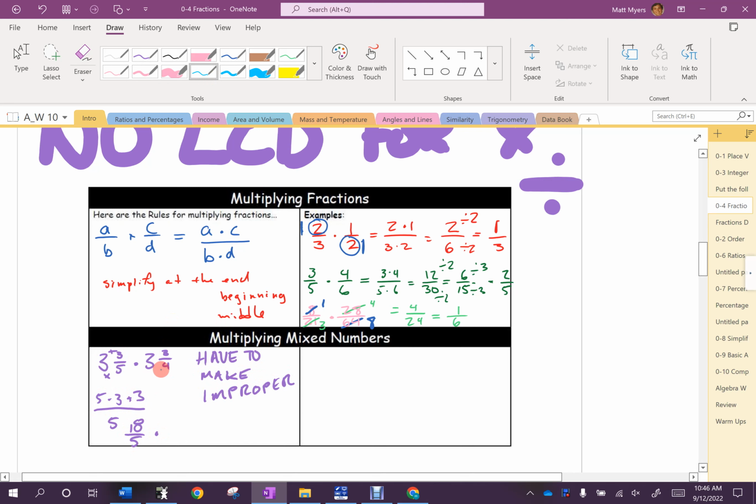What do I do with 4 and 3? Times, what do I do with that answer and 3? Add, what's 4 times 3? 4 times 3 plus 3, which is what? 15 over 4. And now isn't this the same as up here? So we're good to go, right? Okay, what's the key to this? Always improper.